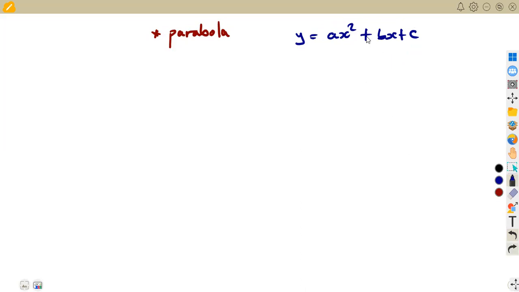So we have the highest exponent as 2 to give us a parabola. In our syllabus, we are going to notice that the bx is not going to be there.